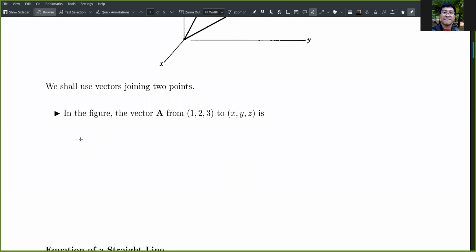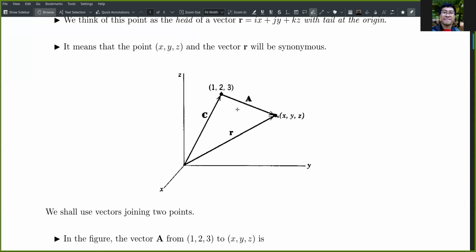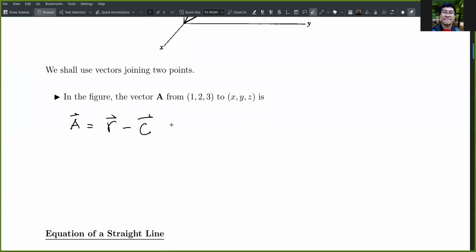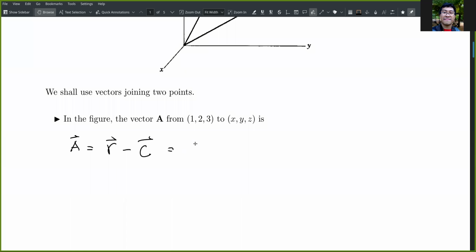We can also write this a here as the difference r minus c, where c is this point over here. So if you take c plus a, that would be r, which means that if you want to get a, then it would be r minus c.